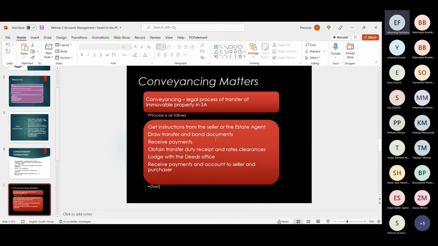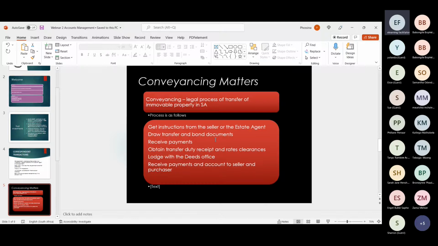They are approached by either a seller or an estate agent after they've concluded with the purchaser. So they bring in a purchase agreement, and when they bring it in, they draw the documents that are required.